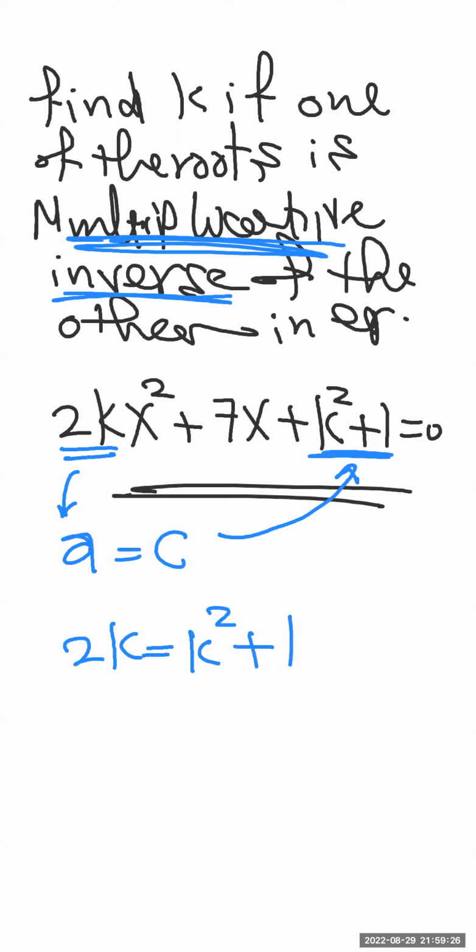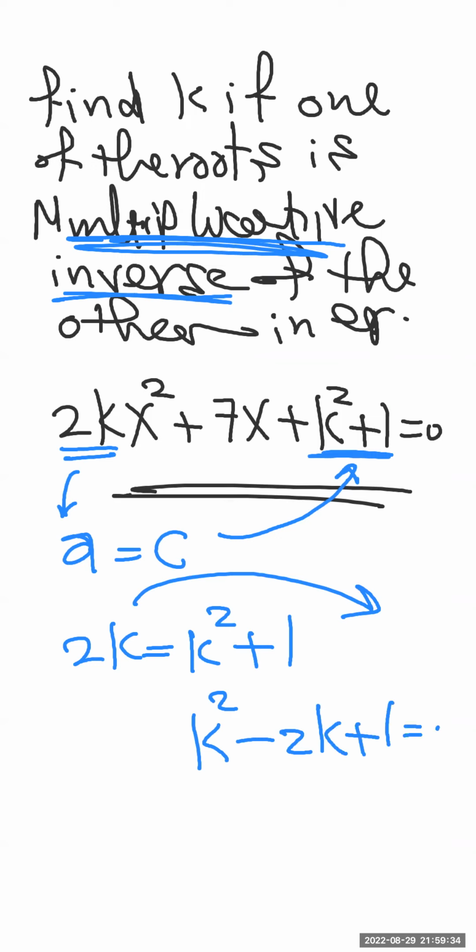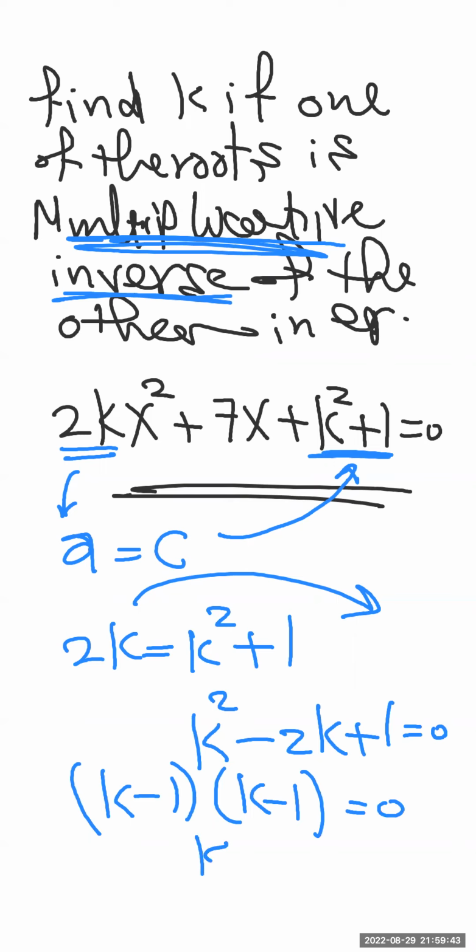K squared minus 2k plus 1 equals 0, shifting to this side. Factorize: (k minus 1) squared equals 0. K equals 1. Done. Right?